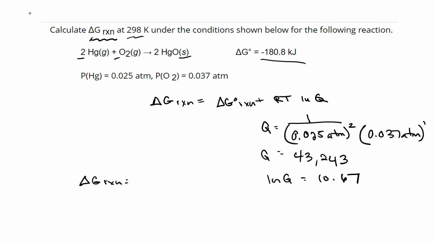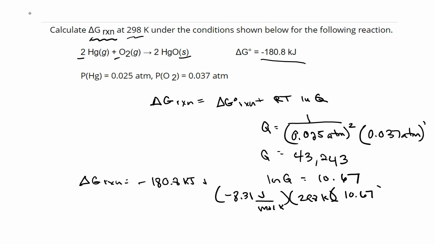Delta G for this reaction is going to be the delta G under standard conditions for the reaction, which is negative 180.8 kilojoules, plus 8.31 joules per mole Kelvin, times 298 Kelvin, times 10.67.